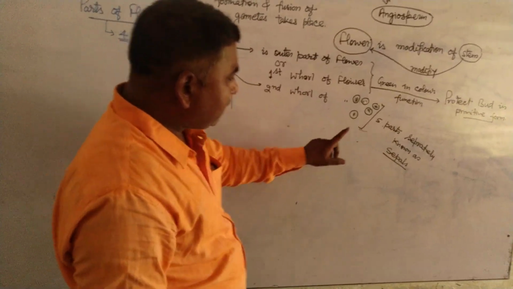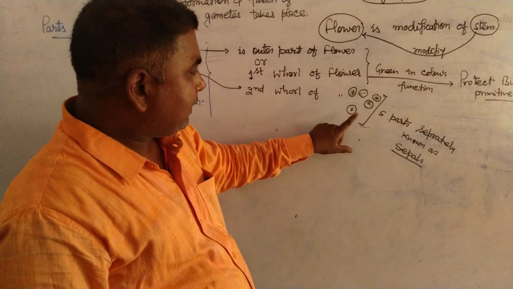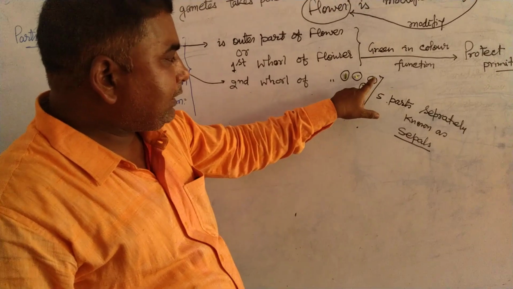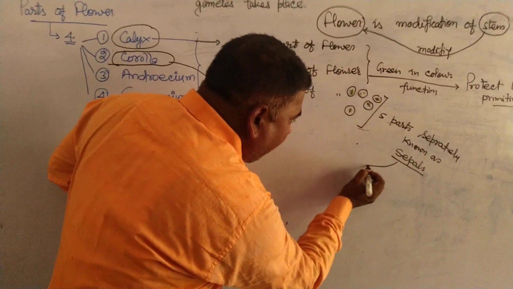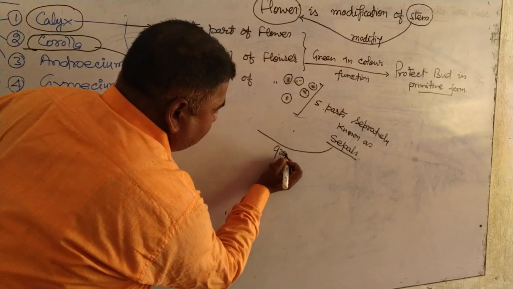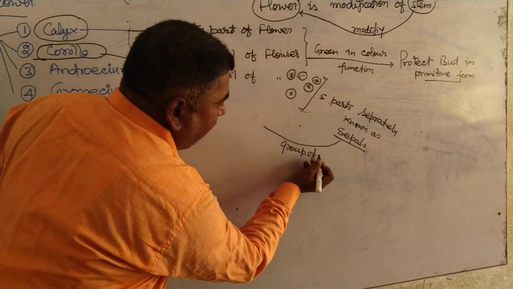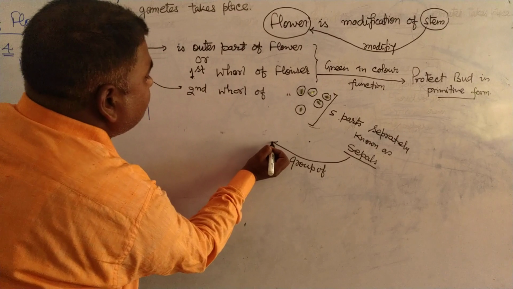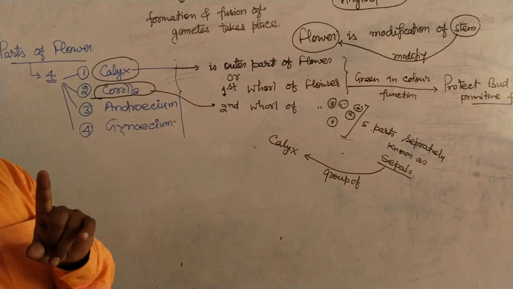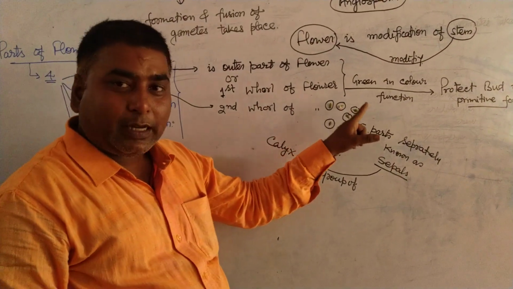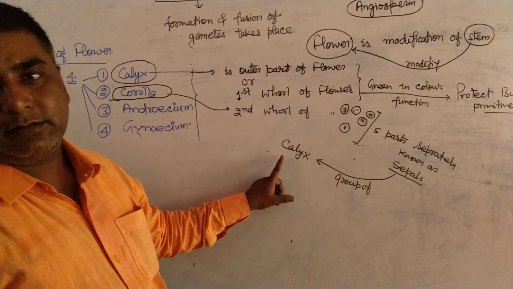Okay, it is sepals. Separately it is known as sepal, but a group of sepals is known as calyx. Okay, the group of sepals is known as calyx.